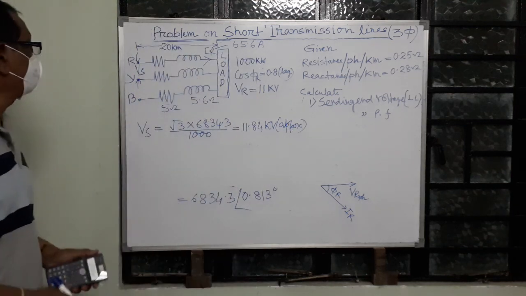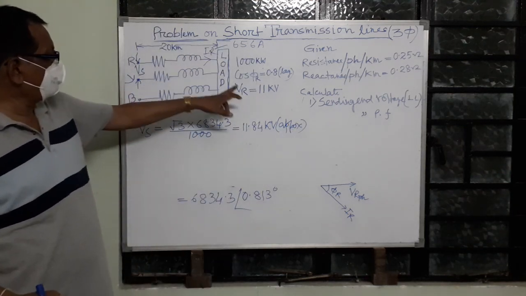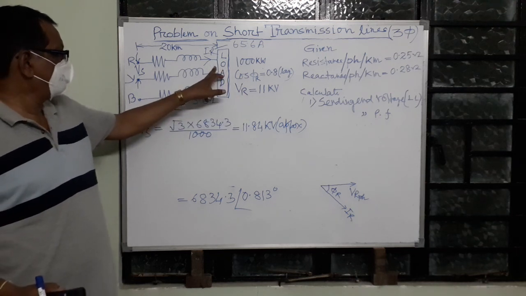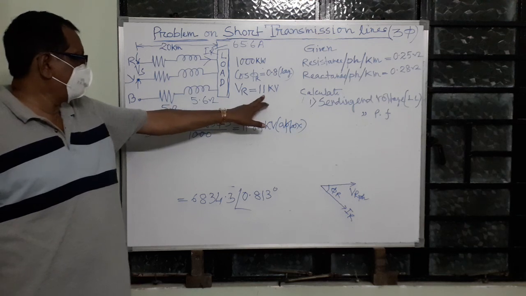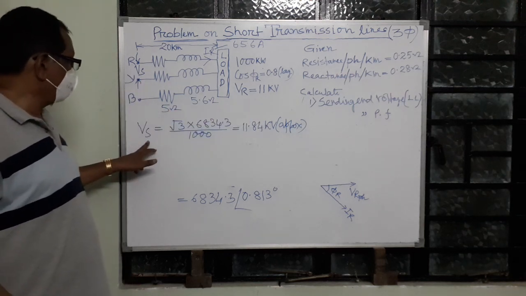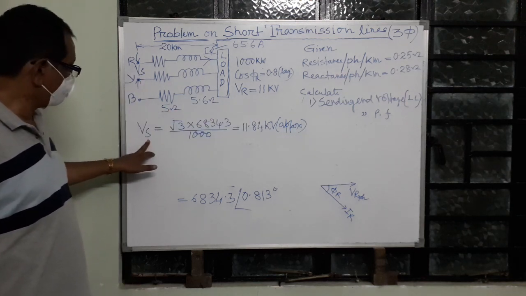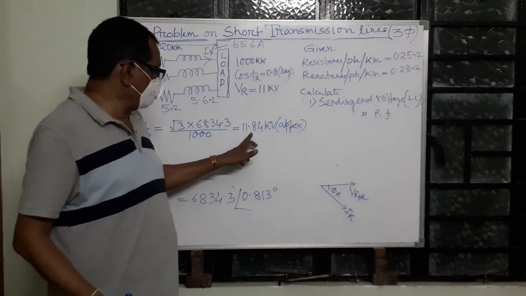So the receiving voltage, that is the line voltage at the receiving end, is 11 kV, and the sending end voltage, this also line voltage, is 11.84.